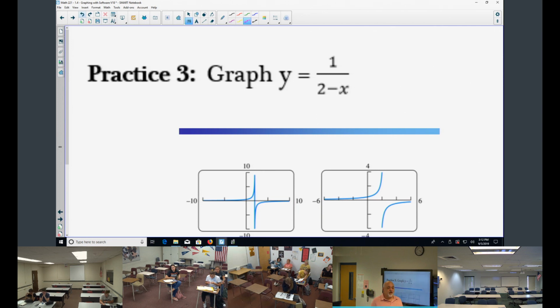Anyone else see a vertical asymptote there? As schools are getting more TI-84s, we don't have to worry about that quite so much.